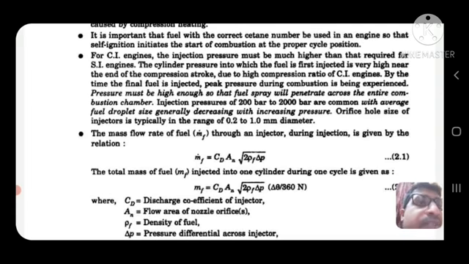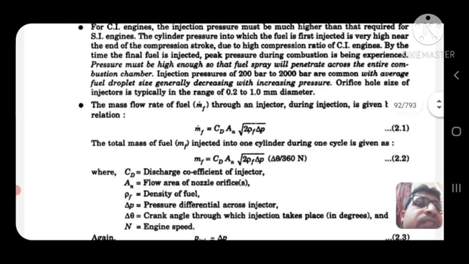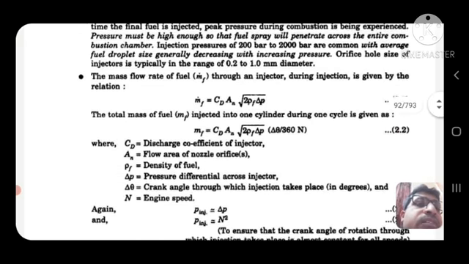The cylinder pressure into which the fuel is first injected is very high near the end of the compression stroke due to the high compression ratio of the CI engine. By the time the final fuel is injected, peak pressure during combustion is being experienced. Pressure must be high enough so that the fuel spray will penetrate across the entire combustion chamber.